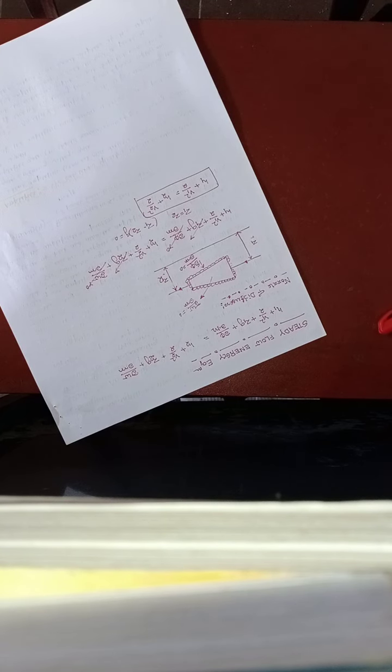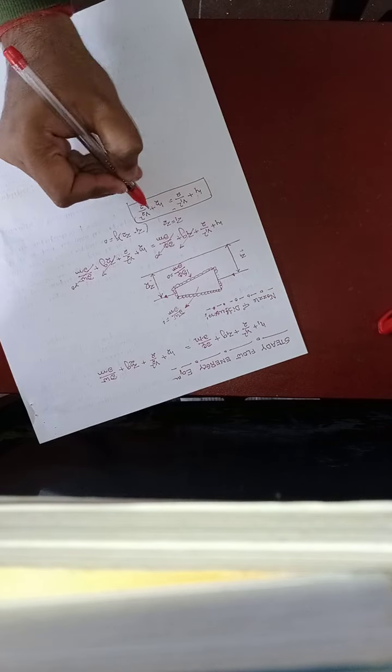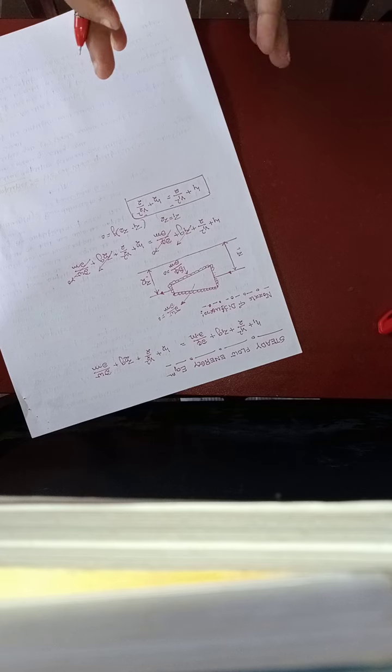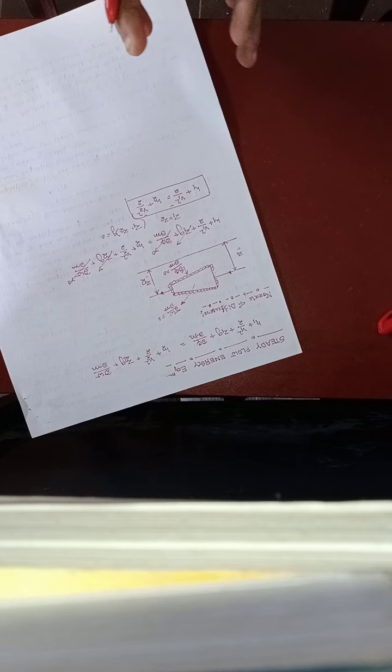Now you can ask me one question, sir. Conceptually you have told that pressure energy is being converted into kinetic energy, so where is the pressure term? The kinetic term is visible because v1 and v2 are given, and we can clearly see the differences. But where is the pressure energy term?